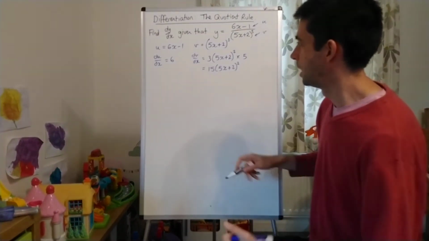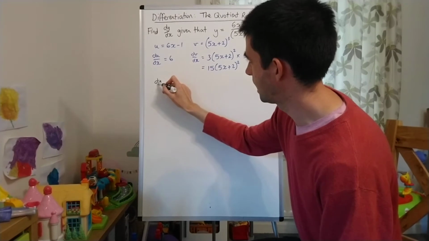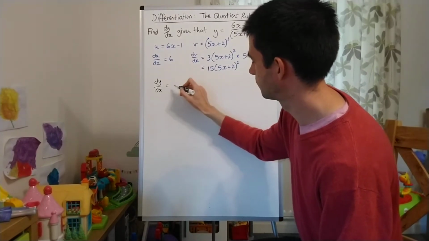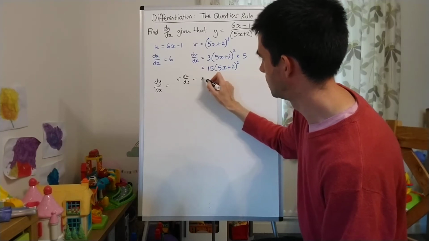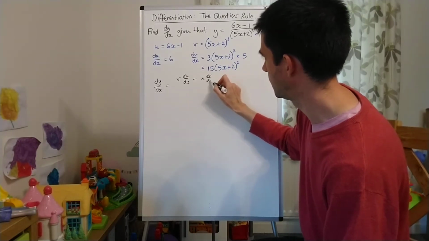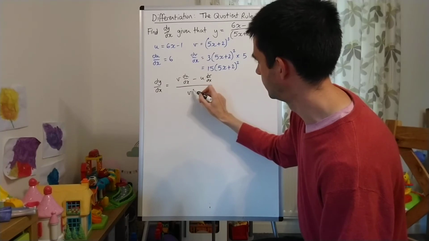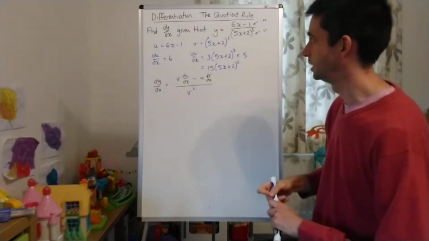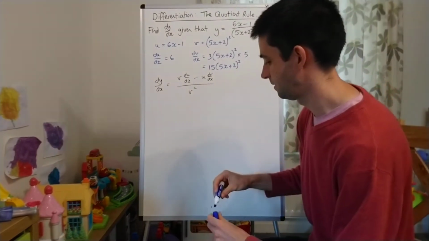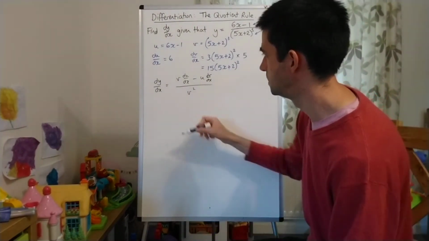So, my quotient rule. Get in the habit of writing this each time you use it. So v du/dx minus u dv/dx all over v squared, which is, right, let's look at this. V is (5x plus 2) cubed.